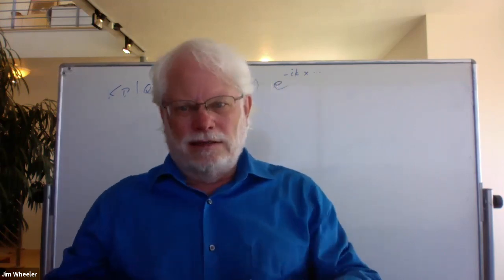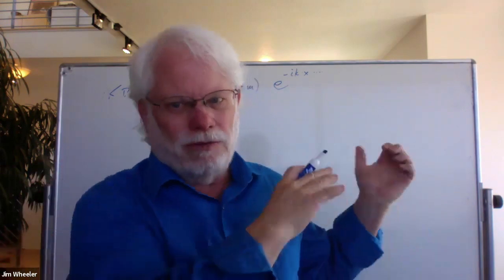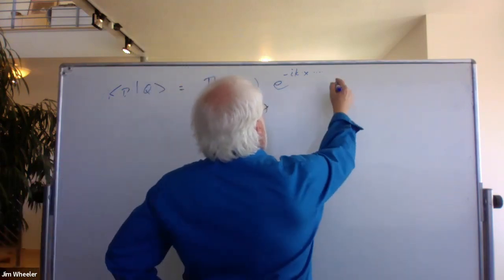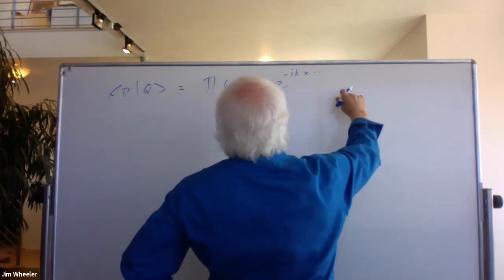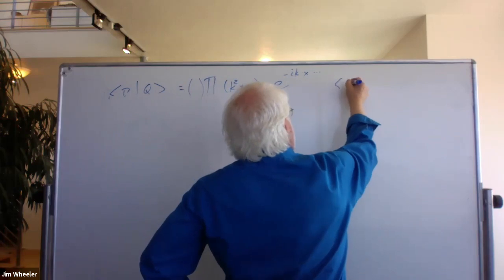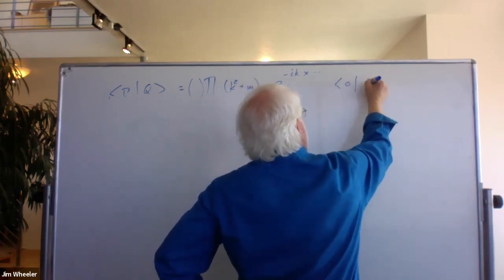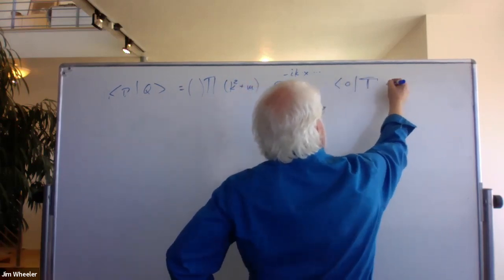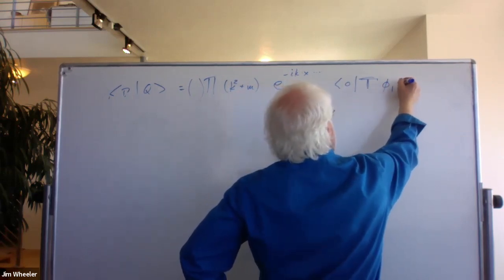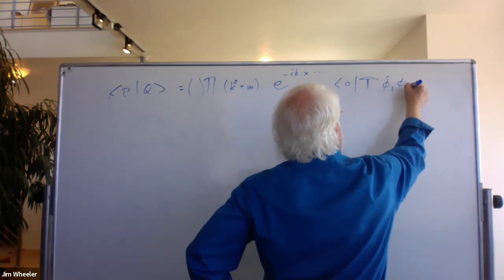This is in the notes, and we're going to be writing this thing again eventually, with various factors and normalizations. But then we get a vacuum expectation value of the time-ordered product of a bunch of field operators.